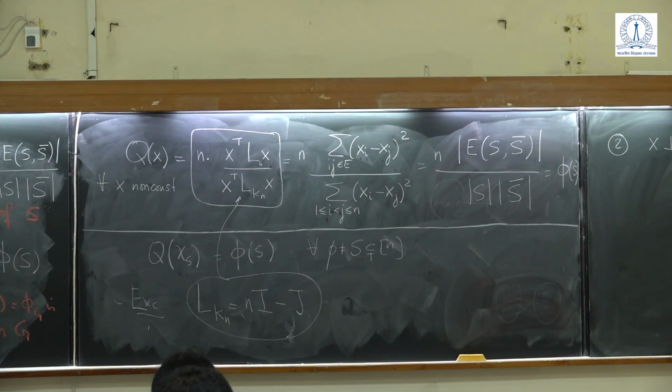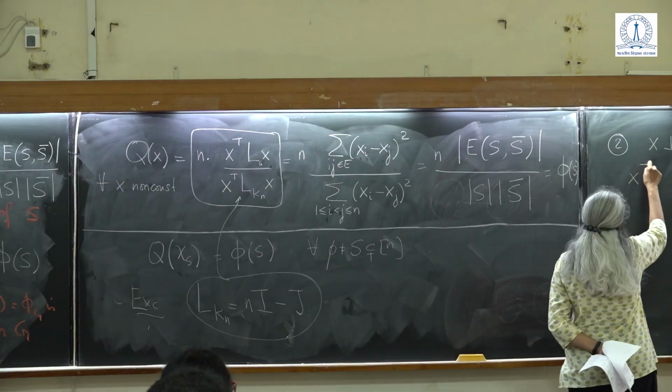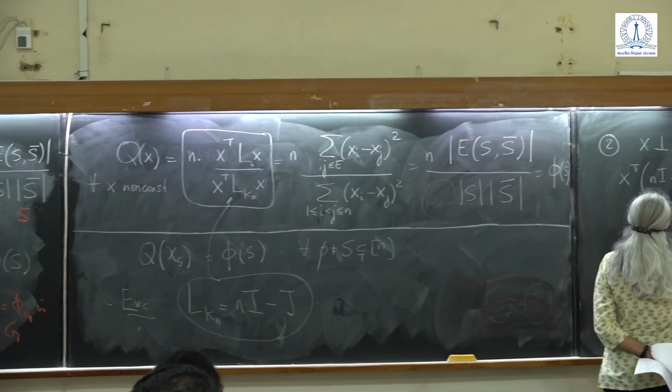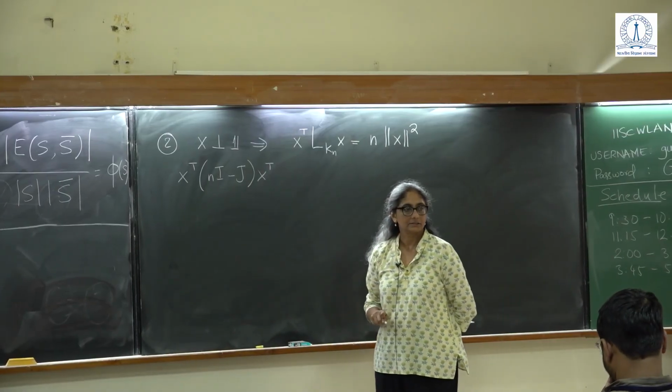Okay, just that piece. That if you take the quadratic form of the Laplacian of Kn, that's just that. It's just algebra. So you take this, and then you do x transpose (ni minus j) x.